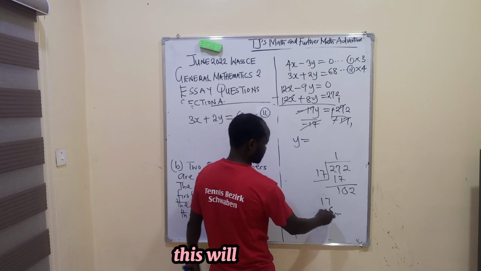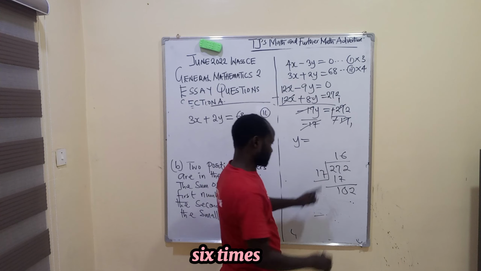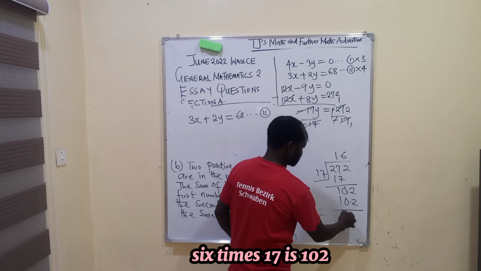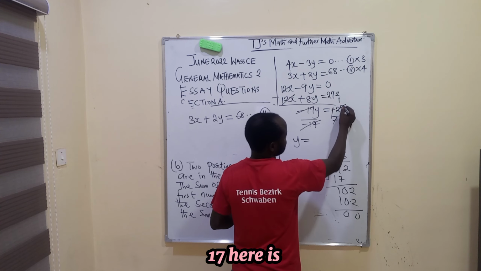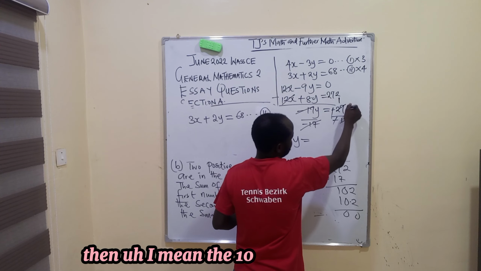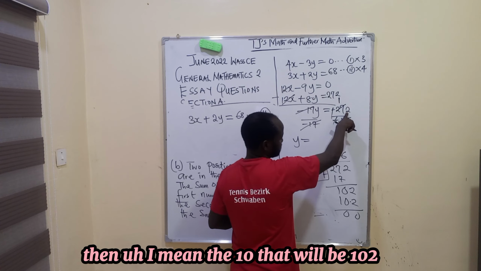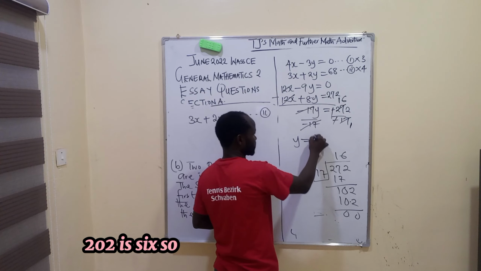This time, yes, it will enter 6. 6 times 17 is 102. The remainder is 0. So 17 into 272 is 1, remainder 10, that is 102, then 17 into 102 is 6. So y will be 16. The value of y is 16.